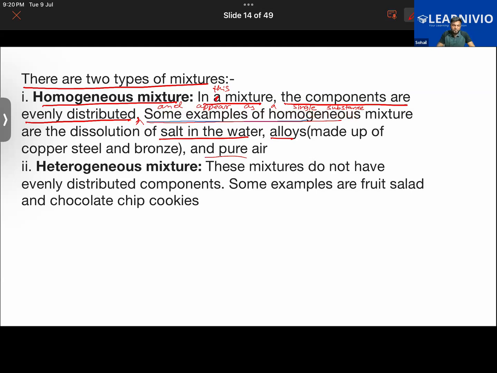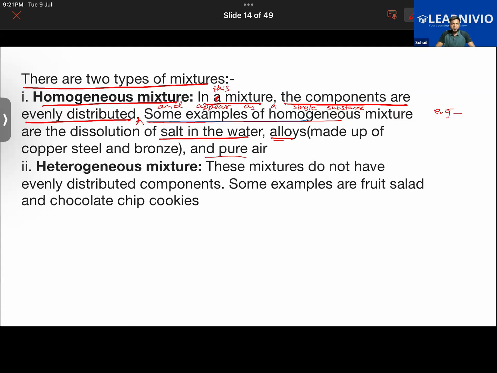In short, you can write E.G., that means for example, and then continue from here like salt in water, alloys, and pure air.